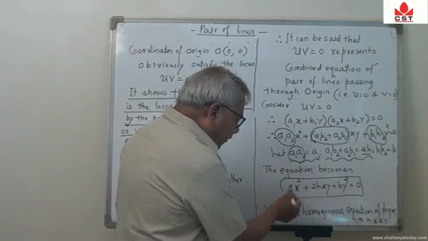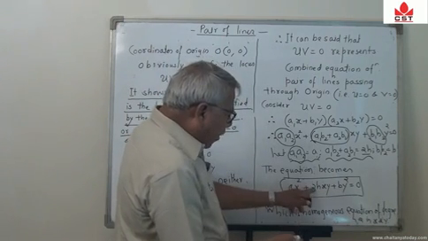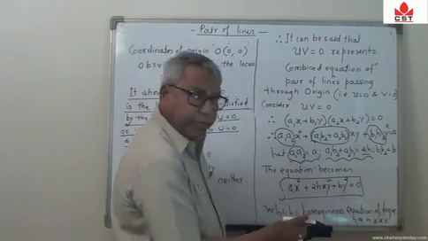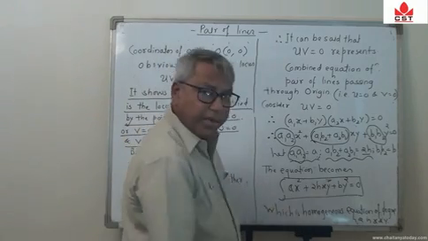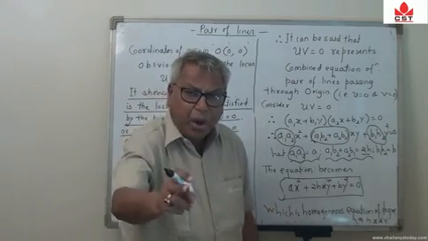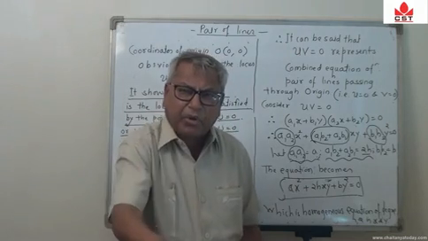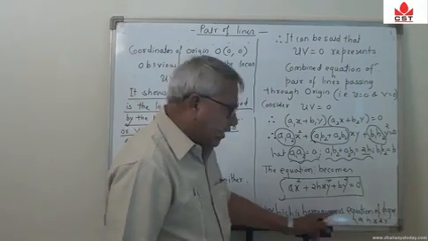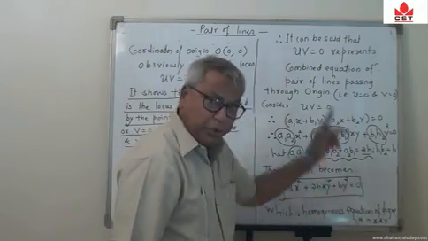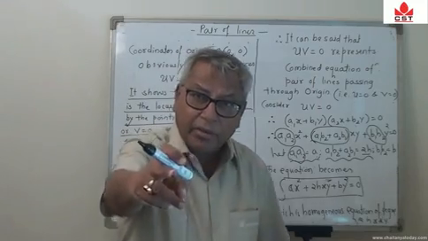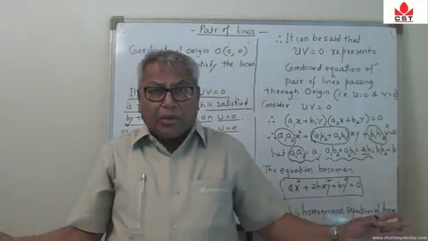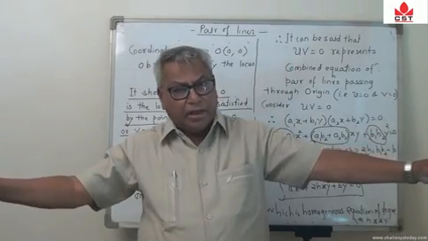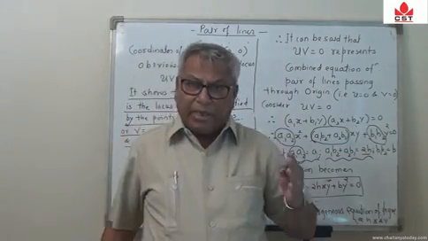Observe, the degree of ax square is 2. The degree of 2hxy, x raised to 1, y raised to 1, 1 plus 1 becomes 2, and by square is also of degree 2. So the degree of every term in the equation is 2. Therefore, this is a homogeneous equation of degree 2 in x and y. What does it represent? The combined equation of a pair of lines passing through the origin. Right? And therefore, our theorem is proved.